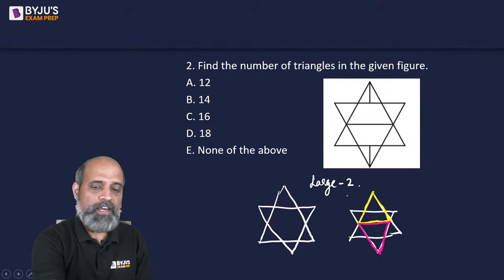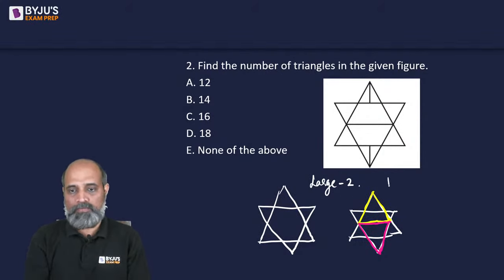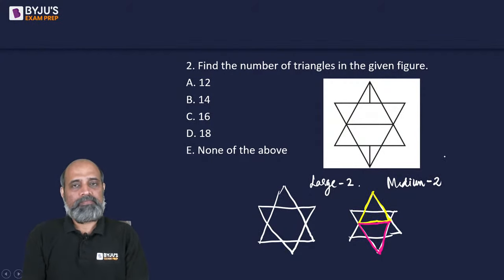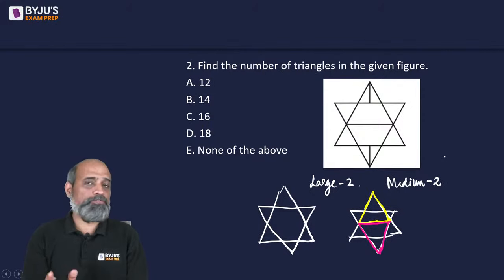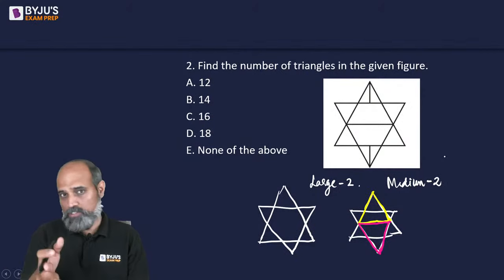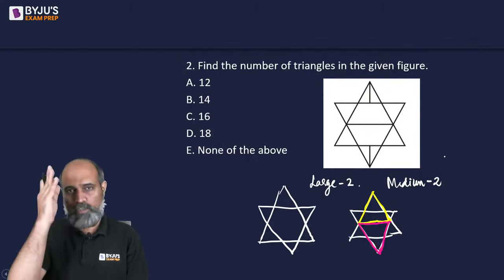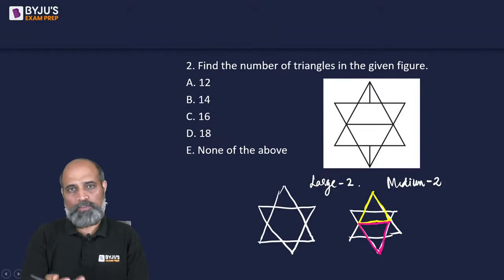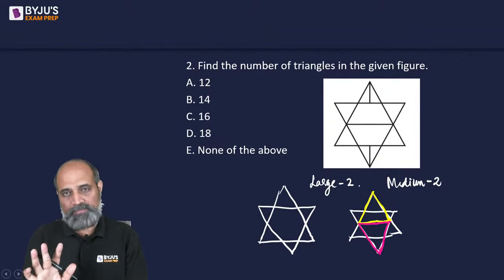So can we say we now have 2 medium-sized triangles, right? We will not have any along the northeast or southeast direction, because we do not have vertical lines. So we will have only 2 medium-sized triangles.